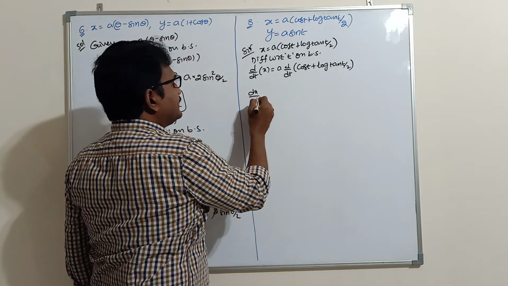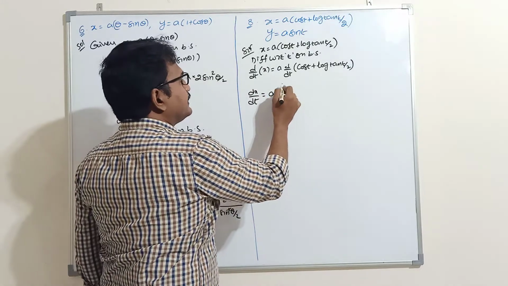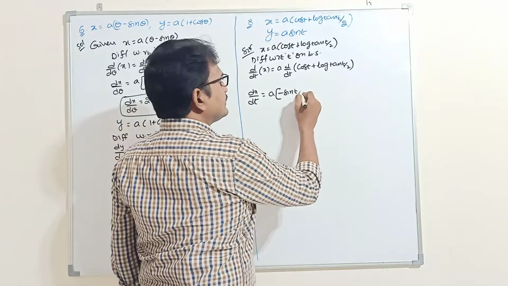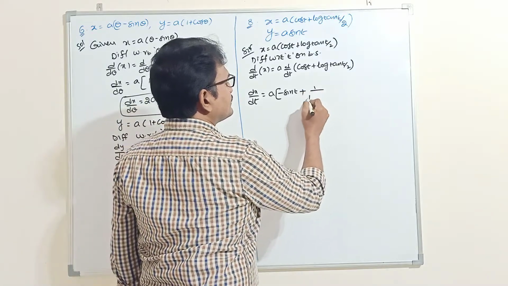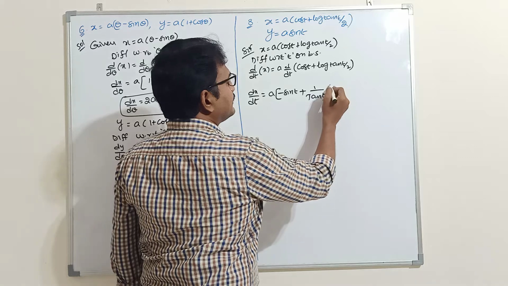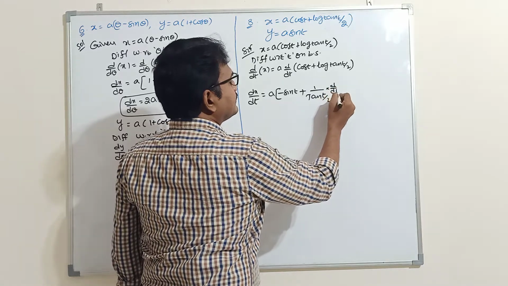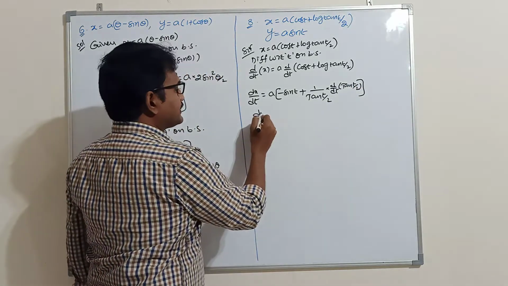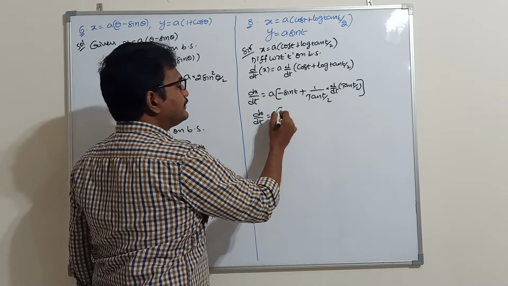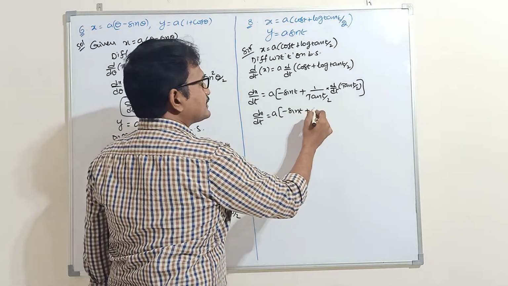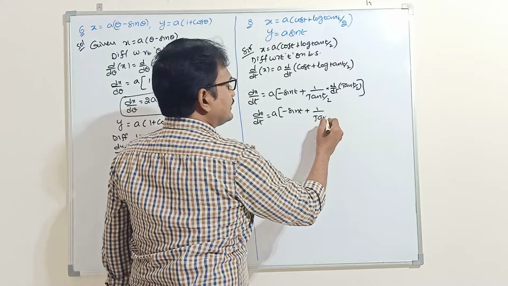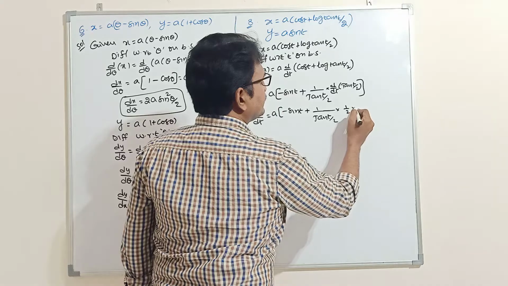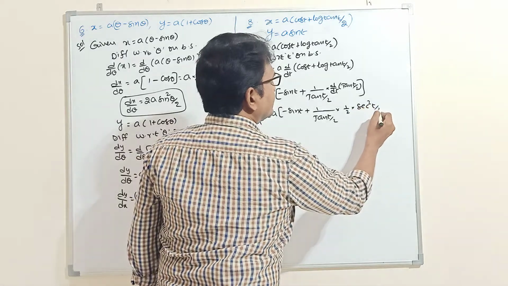So dx by dt is equal to a into derivative of cos t, which is minus sin t, plus derivative of log tan t by 2, which means 1 by tan t by 2 into d by dt of tan t by 2. Next, dx by dt is equal to a into minus sin t plus 1 by tan t by 2 into derivative of tan t by 2, which is 1 by 2 into secant square t by 2.